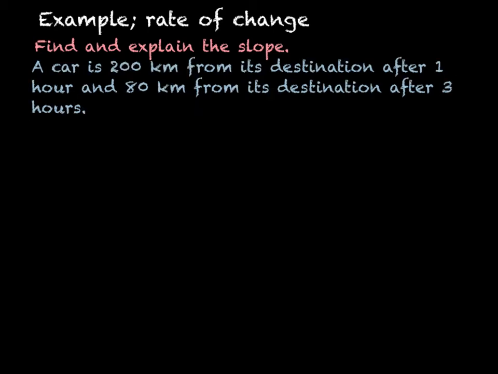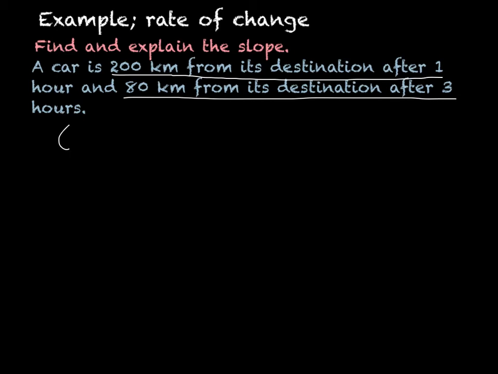Okay, so this next example, we want to find and explain the slope. Okay, a car is 200 kilometers from its destination after 1 hour, and 80 kilometers from its destination after 3 hours. So if I have the hours, 200 kilometers from the destination, and then 80 kilometers from the destination.